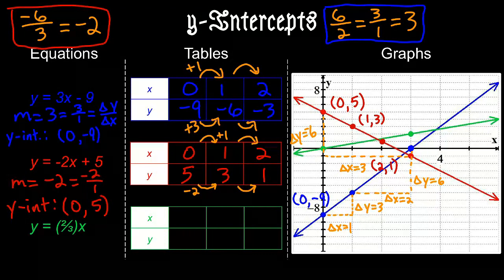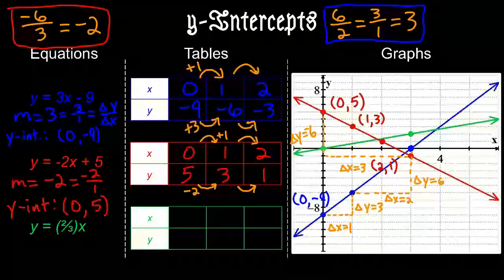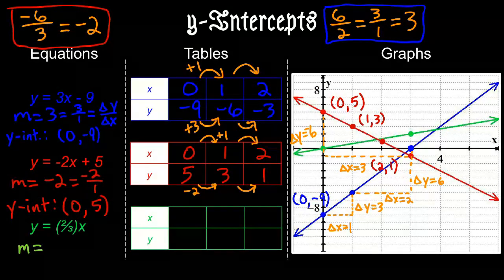All right, now I'm going to start with my equation, and I want you to tell me what the slope is. What is the slope of that equation? Anybody? It's a fraction. 2/3, which, remember, delta y is 2, delta x is 3.